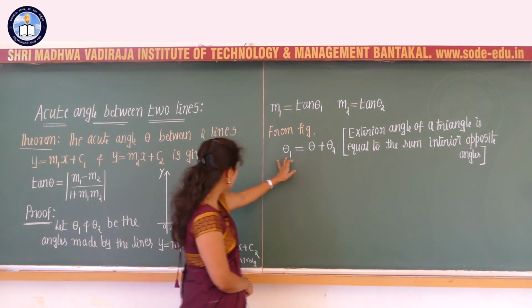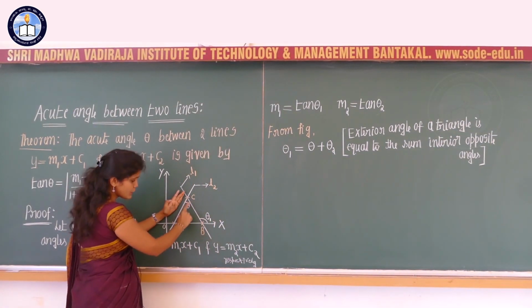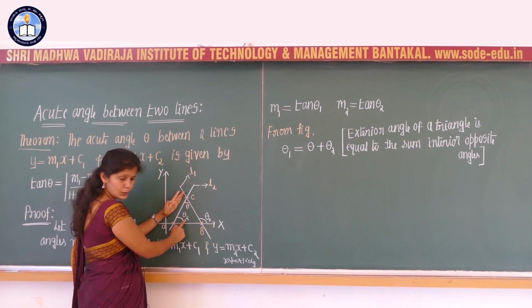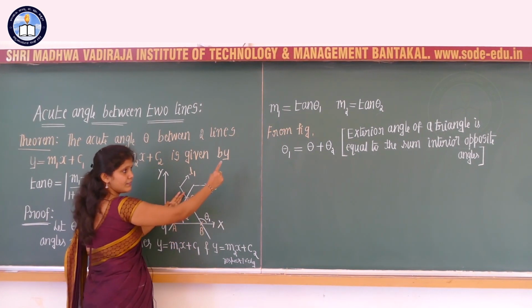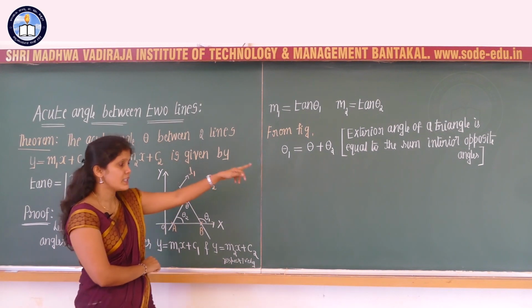Therefore theta 1 can be written as the sum of these two interior angles, theta and theta 2, that is theta 1 equals theta plus theta 2.